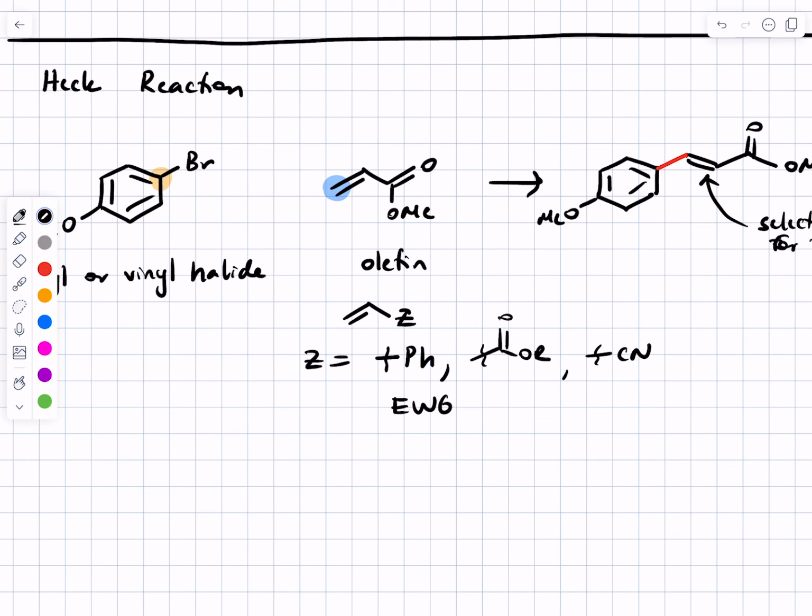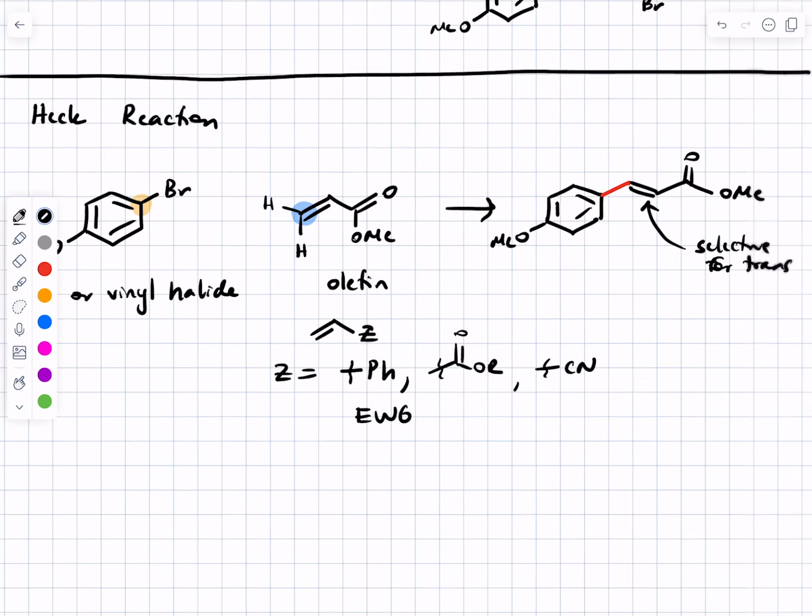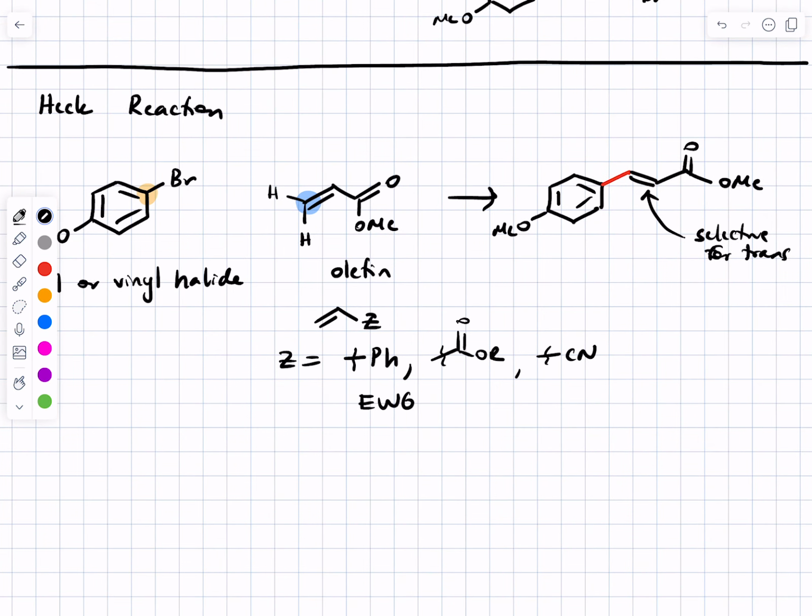In other words, we're dealing with just CH bonds here. And so this process is going to be interesting, but there wasn't any stereochemistry about the olefin to begin with. But after we make the new bond in the Heck reaction, there is stereochemistry and it's selective for trans.